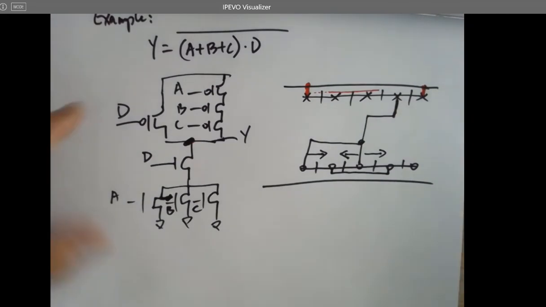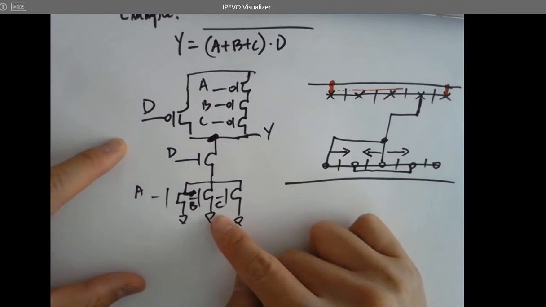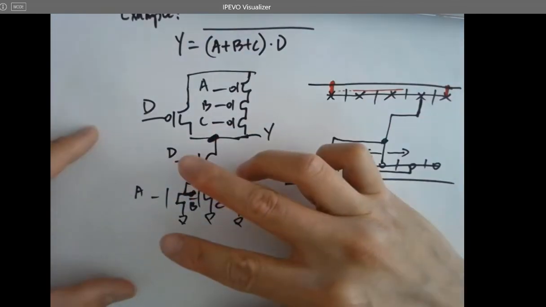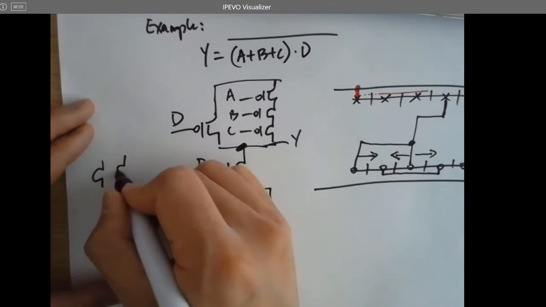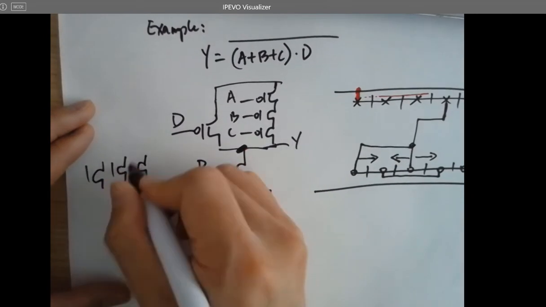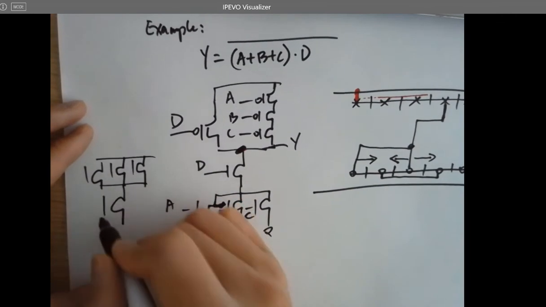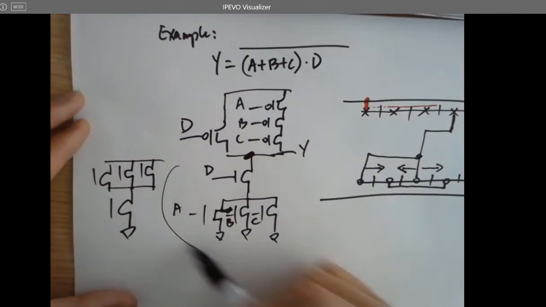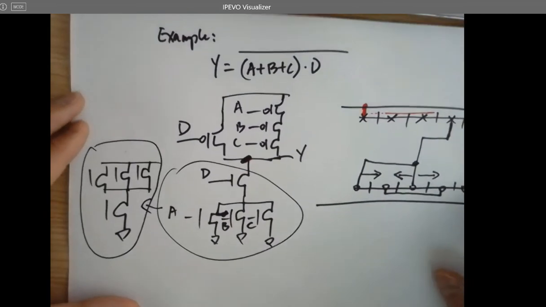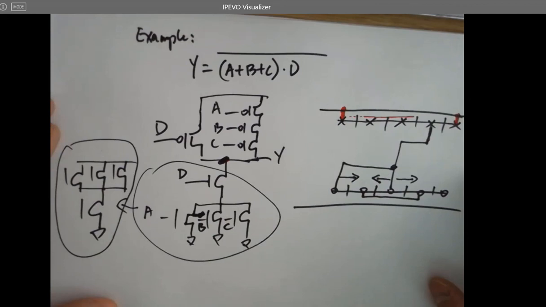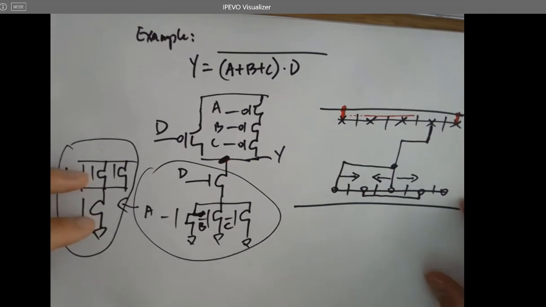So here's a question. Does it matter if I have D on the top and these 3 parallel NMOSes at the bottom, or can I flip them? Which means I can have these 3 NMOSes on the top, and then I connect the D signal at the bottom. Can I replace this guy with this guy to implement this logic? Yes, there's no difference.